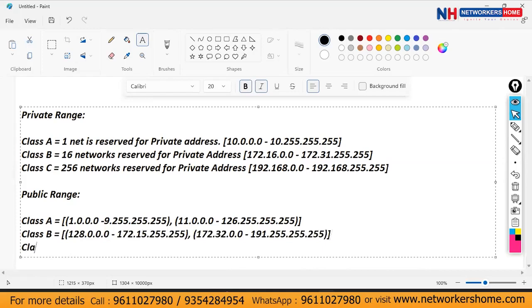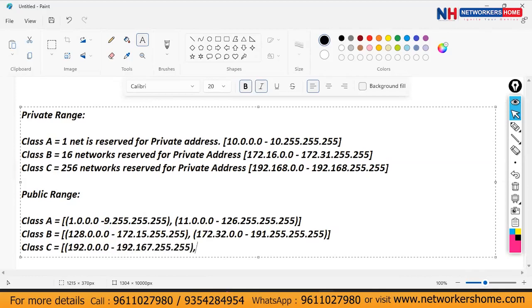For class C, your range starts from 192, correct? Before 192.168, there will be 192.167. So it starts from 192.0.0.0 and ends at 192.167.255.255.